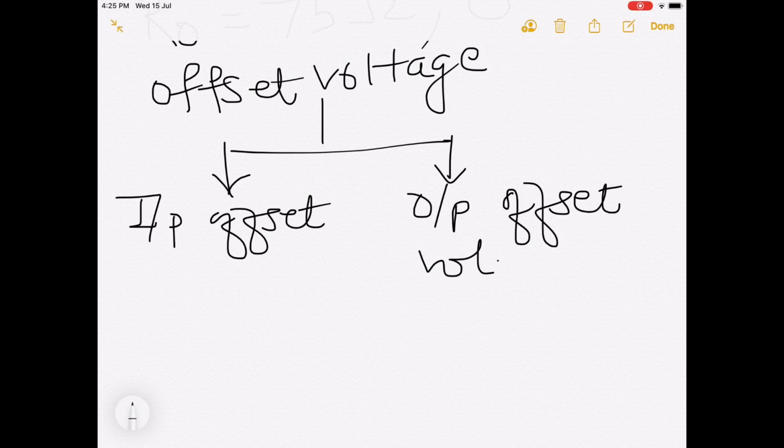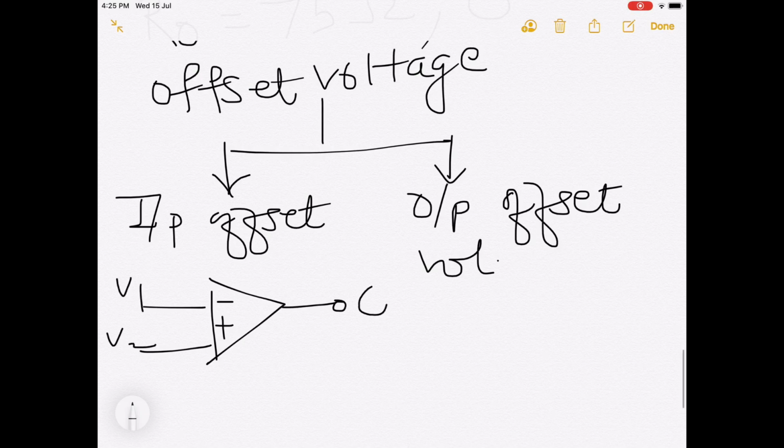Ideally, the output of op-amp, when you are not applying any input, should be 0. But due to impractical situations, like two transistors with the same specifications that we are using in the op-amp, practically they do not give the same performance.